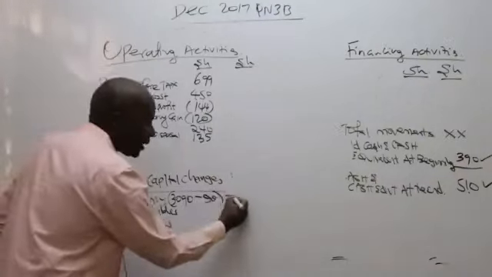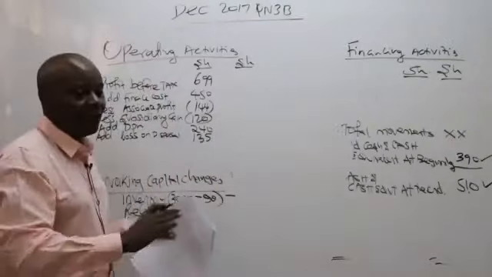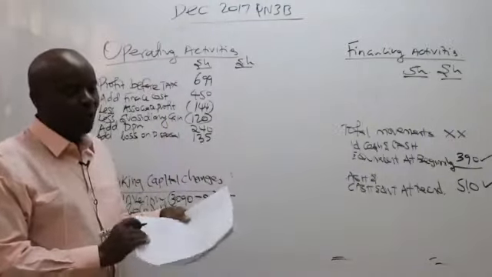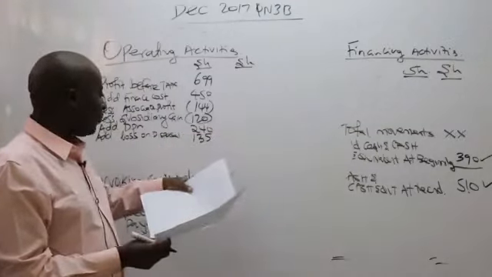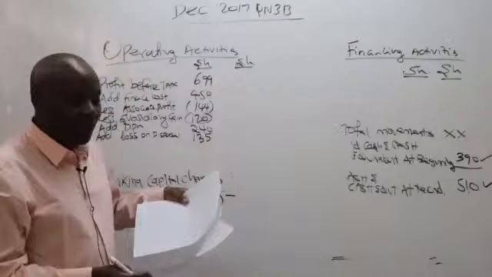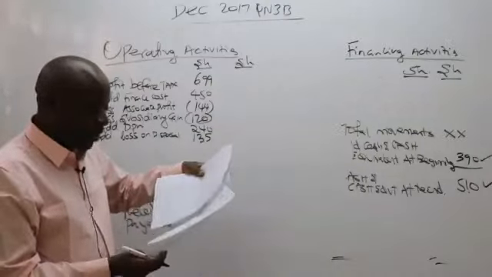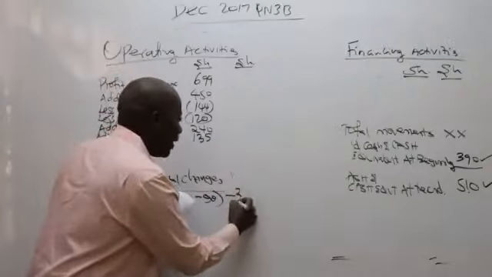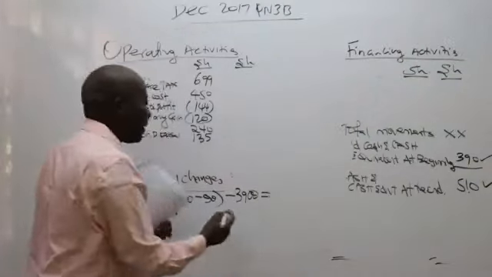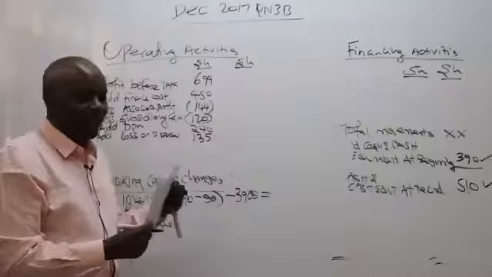And then now I come and subtract the closing inventory for the entire group. Closing inventory for the entire group ni ngapi? 3900. Hebu nipatieni figure inakuja ngapi at the end of the day?